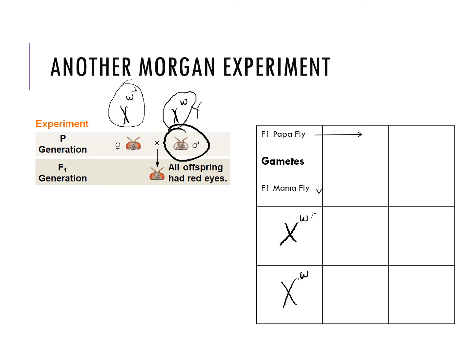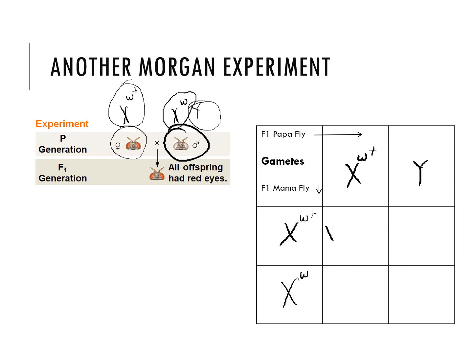So that's mom of our F1. Papa fly here is going to be X and Y, and he's only going to inherit that X chromosome from the mother. Y would come from the dad. So this would be XW+ and Y.